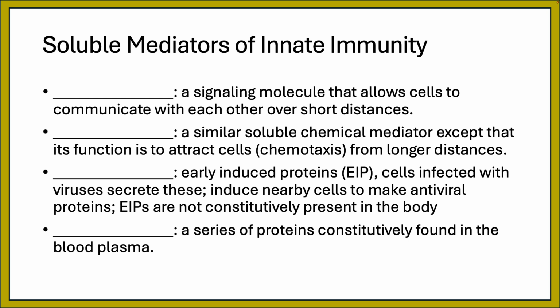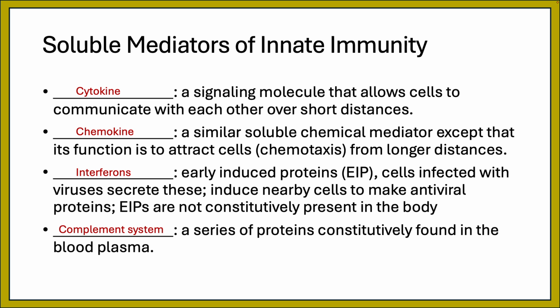The soluble mediators or chemical mediators of innate immunity are going to include things like cytokines and chemokines. So these are signaling molecules. A cytokine allows cells to communicate with each other over short distances, while a chemokine is going to act over much longer distances.